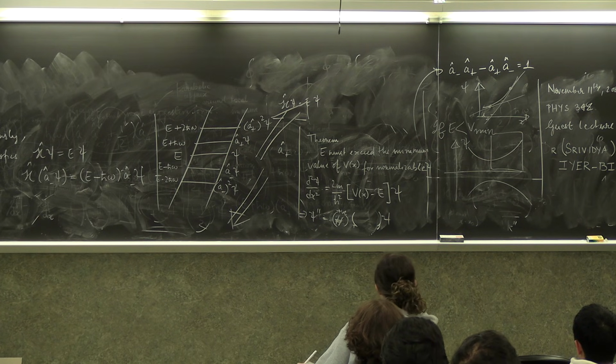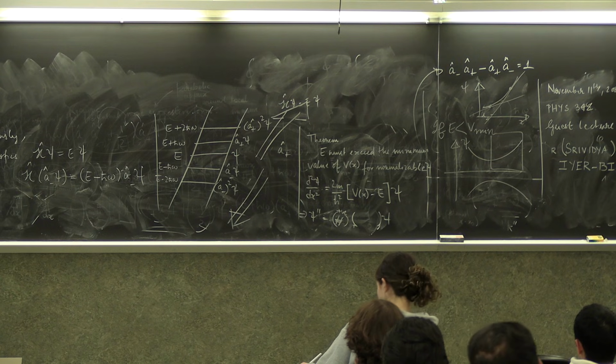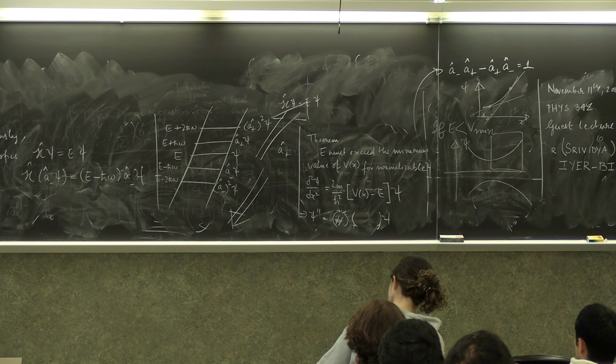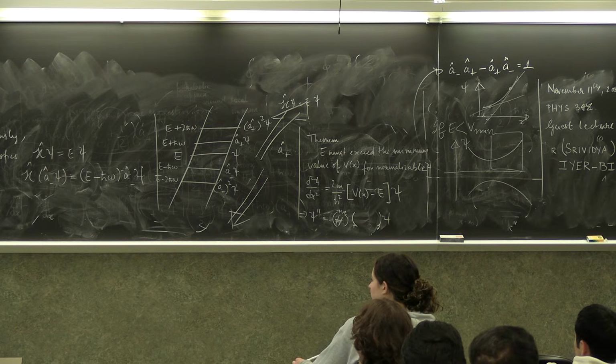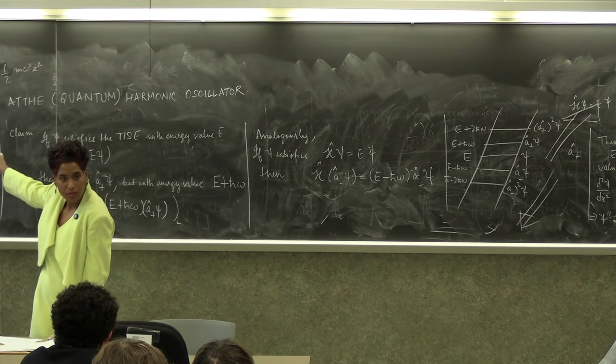And so we conclude that we have a problem with this ladder because our potential energy was half m omega square x squared. What's the minimum value for this? 0. The minimum value of our potential for the harmonic oscillator is 0.